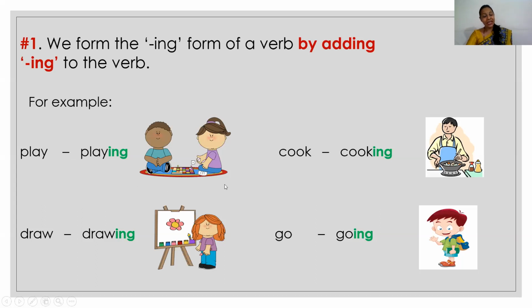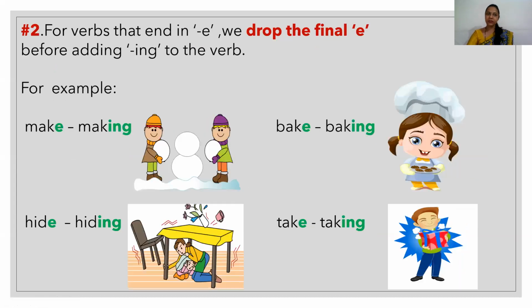Correct? Now, let's come to rule number 2. For verbs that end in E, we drop the final E before adding ing to the verb. Let us take a few examples. Suppose there is an action word or a verb which ends with the letter E. What do we do? We drop that E and we add ing. Yes?